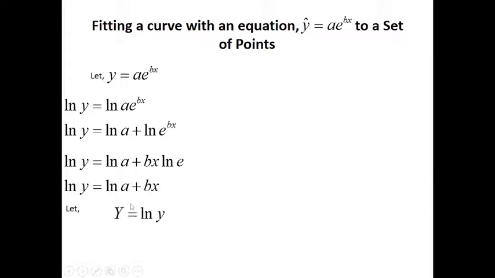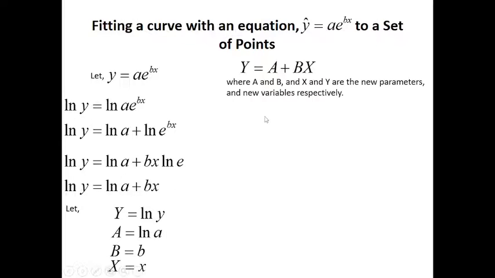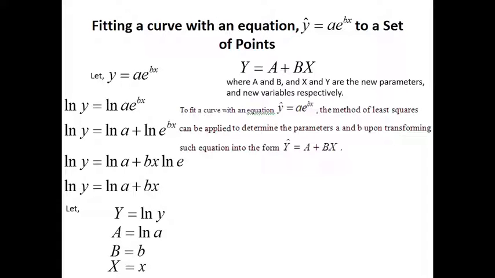Then we let y equals ln y, a equals ln a, b equals b, x equals x. So we have y equals a plus bx, where a, b, x and y are the new parameters and new variables respectively.